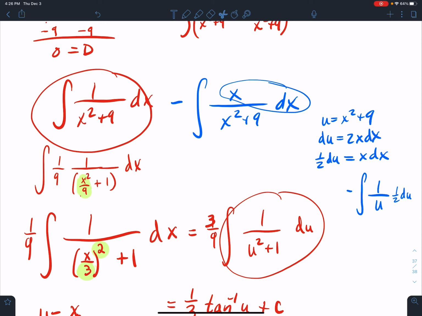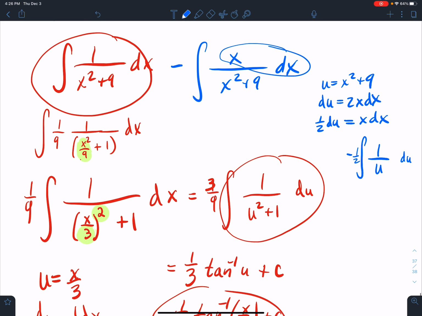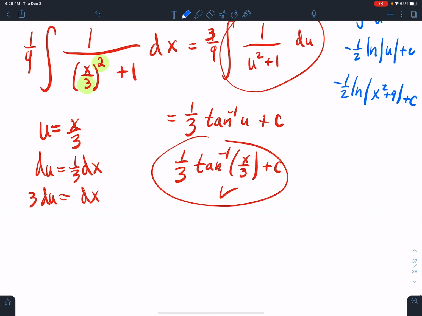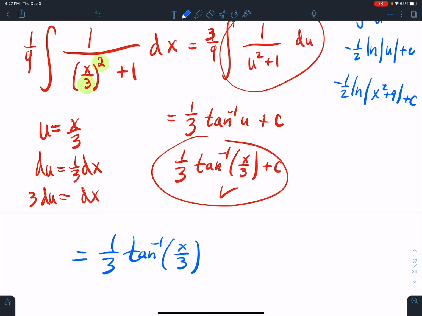I can pull the 1/2 out front. So this is negative 1/2 ln absolute value u plus c for that part. And u is x squared plus 9, so it's negative 1/2 ln absolute value x squared plus 9, plus c. Combining these two together, I get 1/3 arctangent x over 3 minus 1/2 ln absolute value x squared plus 9 plus c.